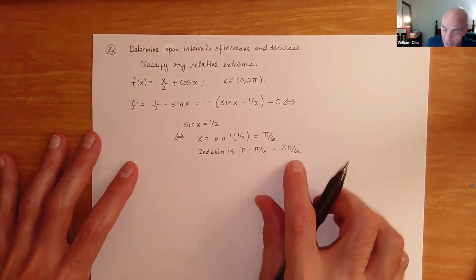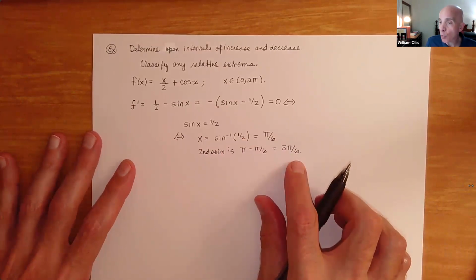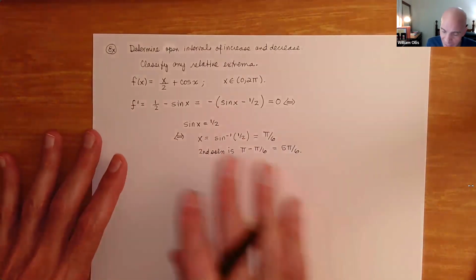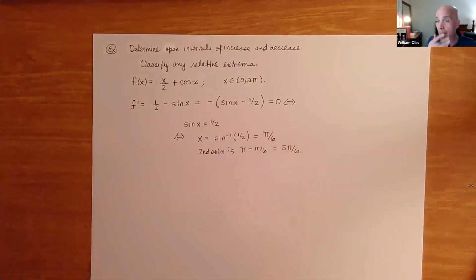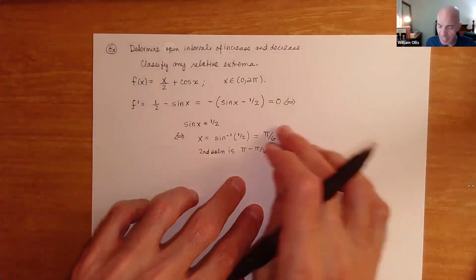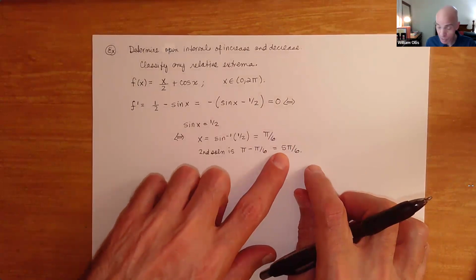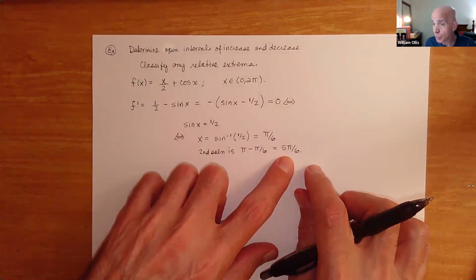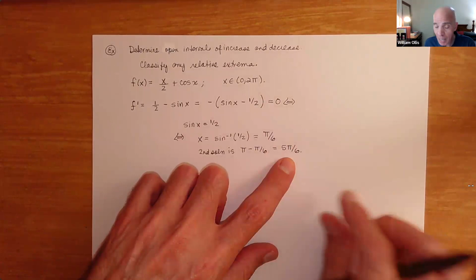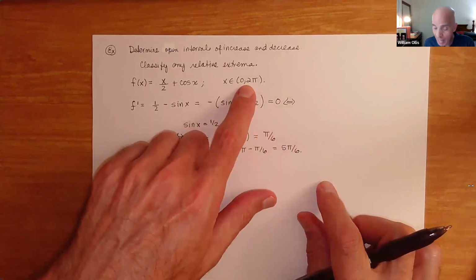So now we've got two critical numbers, or boundary values. So again, we now know that we have a limited domain, so we didn't have to extend these to all possible solutions. And that's okay if you do. You'll just have to pare it back to meet the domain that we have here.